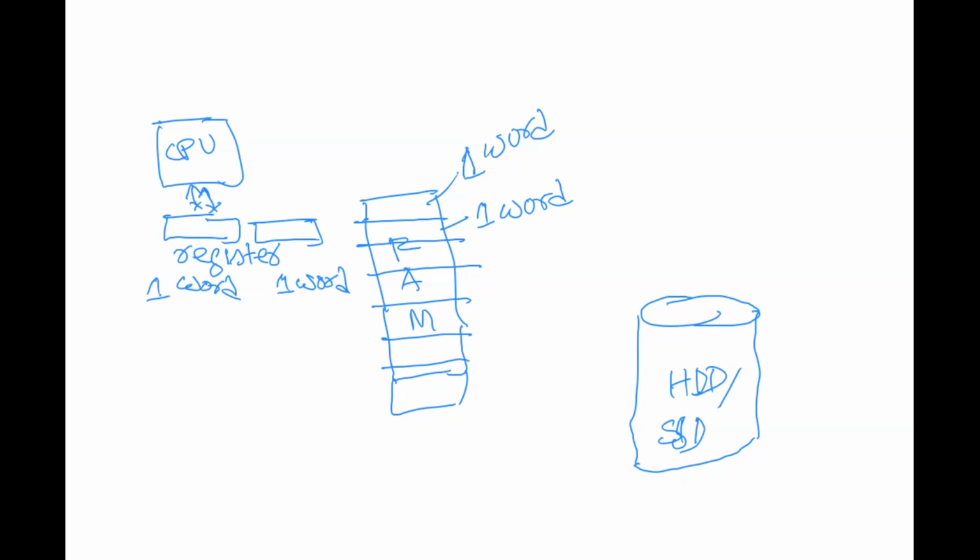Okay, now what does the CPU do? When the CPU executes a program, it copies the instruction into the register. Another thing I have to mention is what RAM contains.